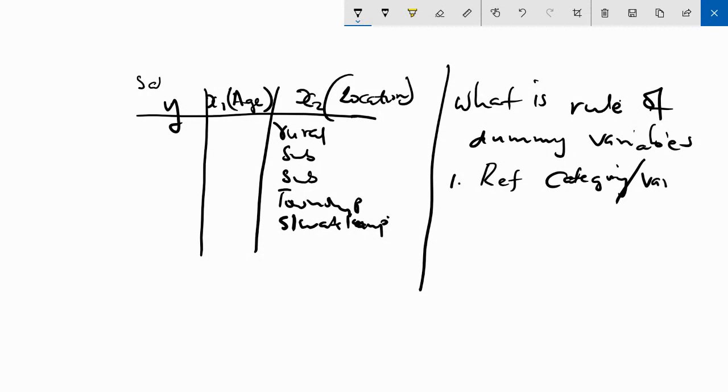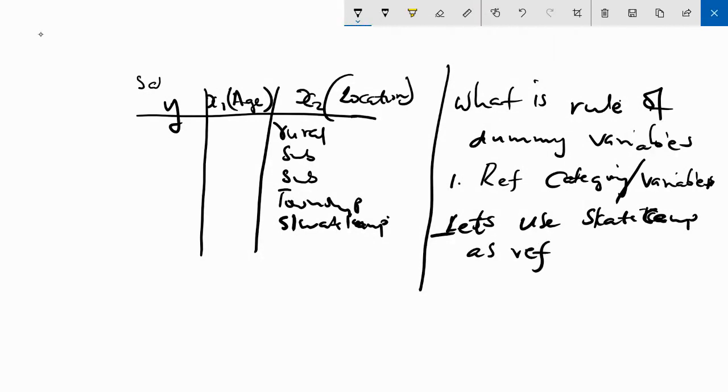So leadership, first you must define the variables, isn't it? Let's use squatter camp as the reference variable.